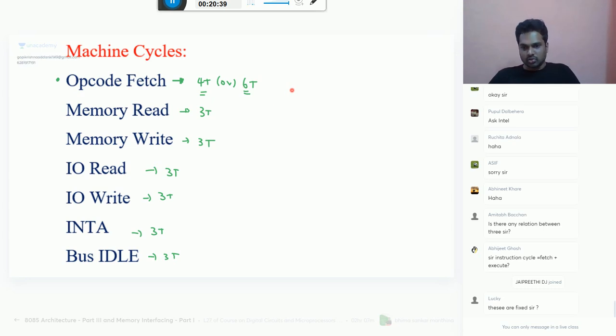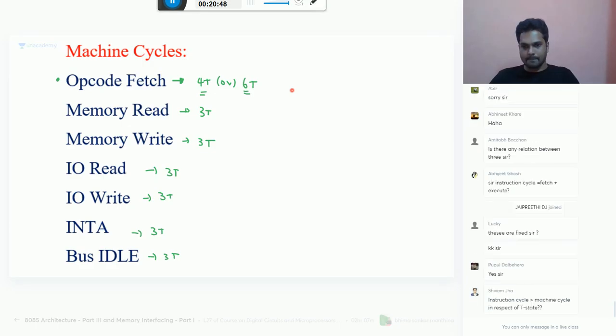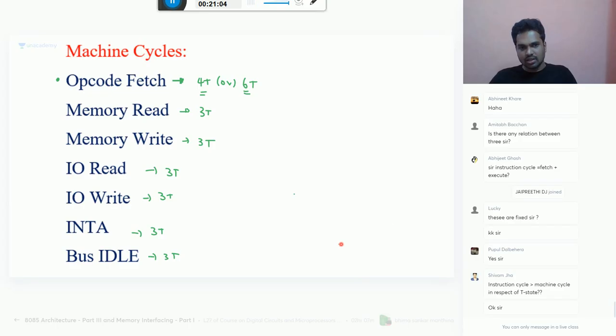Good. So let's move to the next. Yes, correct, Shivam. So now listen here. If you have one instruction, that instruction may have this, or any one of these two, or two of this. I will write this.